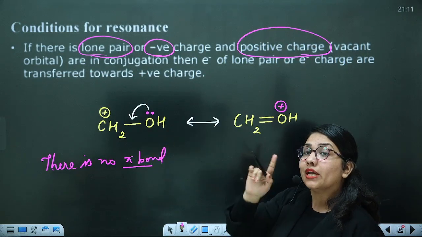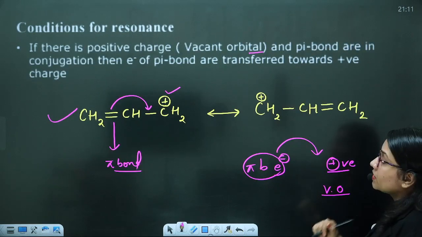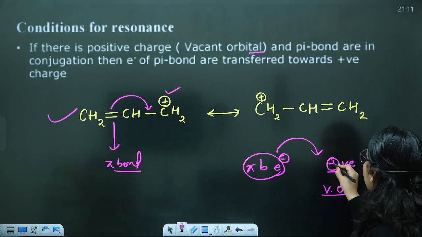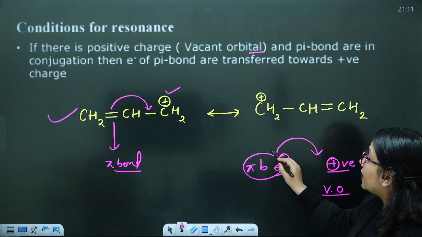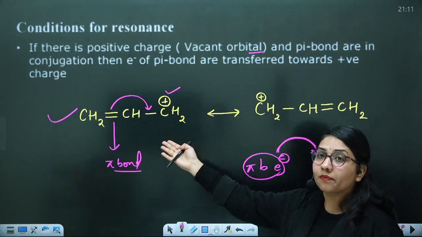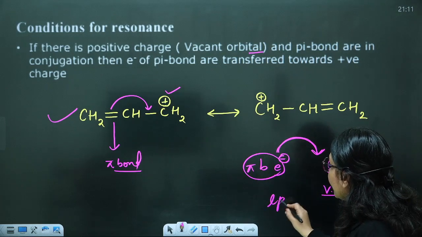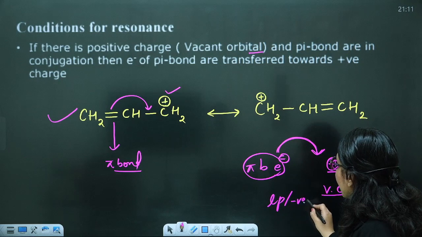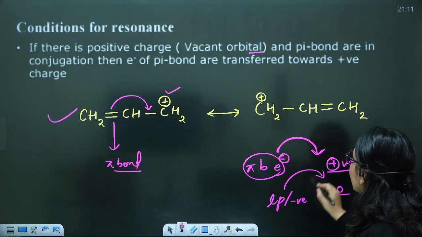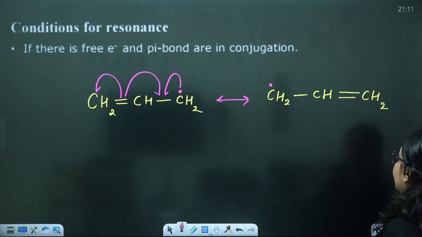So we have studied in the previous slide that whenever there is a positive charge, the electrons from the pi bond were shifted towards it. You can see from here, okay. The same happens when a lone pair or negative charge is present. The electrons will be shifted to the positive charge or vacant orbital.